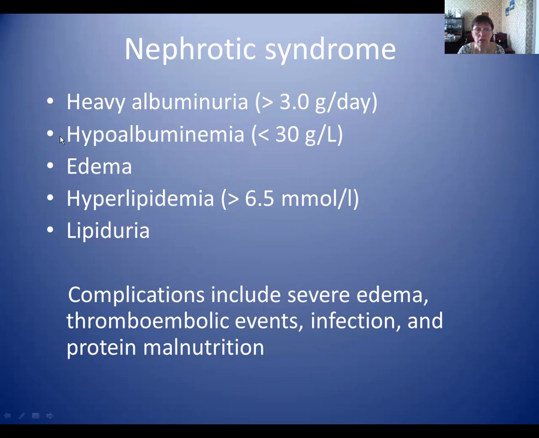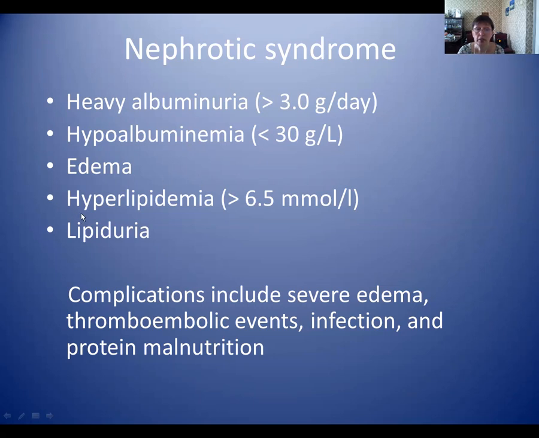First of all, it will be decrease in the level of protein in blood, especially the decrease of the level of the albumins, because they have smaller weight and size and they are more easily lost in the kidneys. So their level may be less than 30 grams per liter in blood.